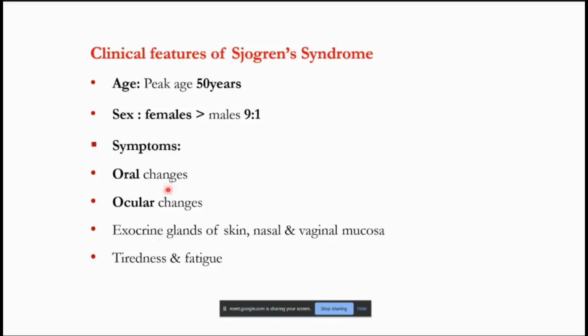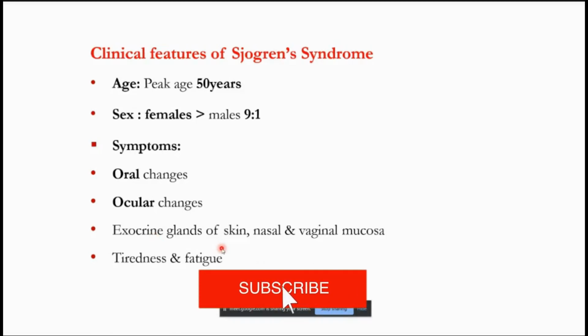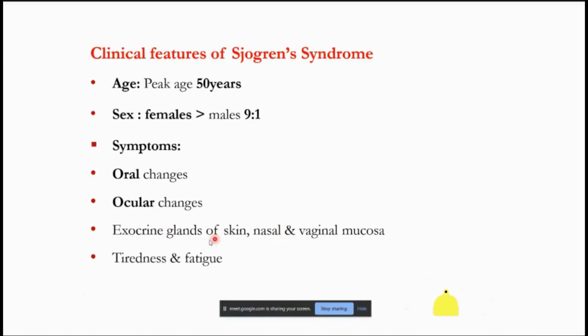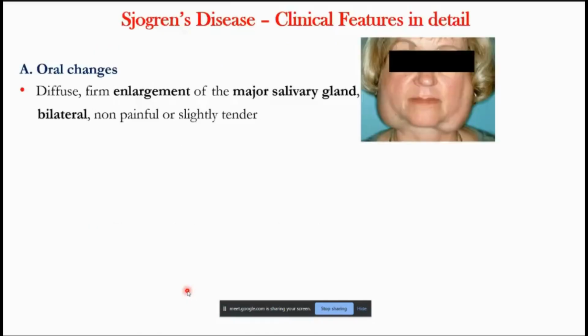Apart from the eye and the oral cavity, the other secretions which are affected are the exocrine glands of the skin, nose, and vagina. So there is dryness in all these areas as well. Along with that, there is tiredness and fatigue in these patients, and they cannot do anything.